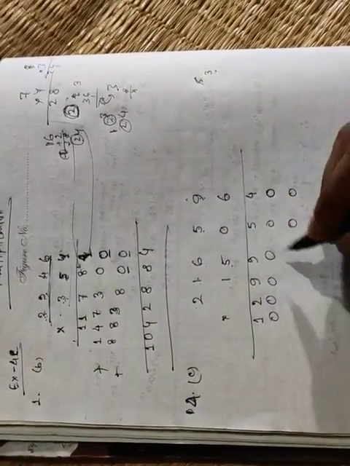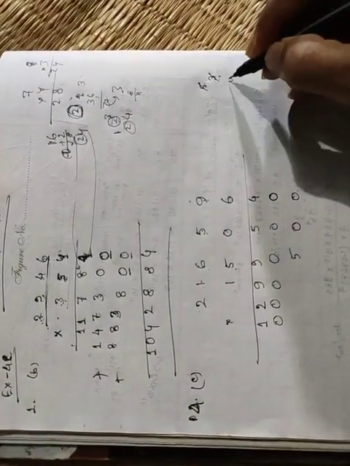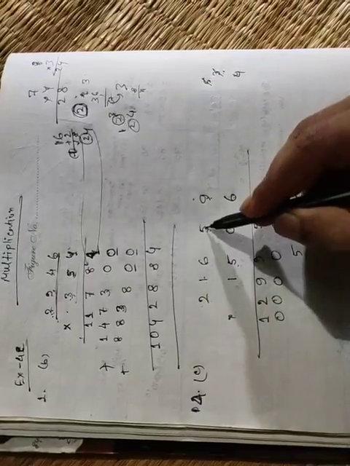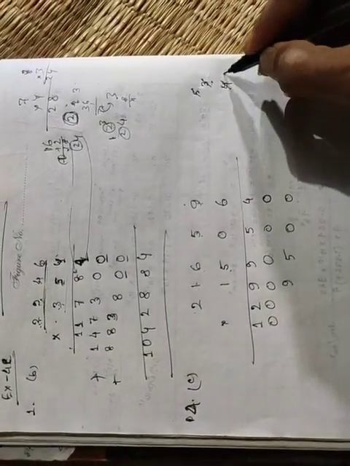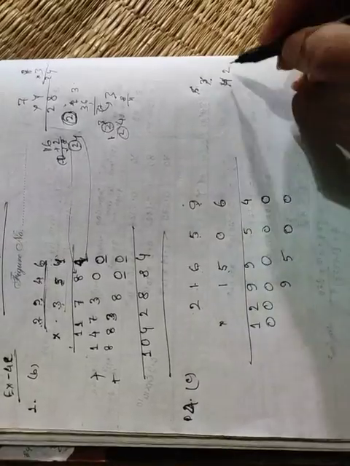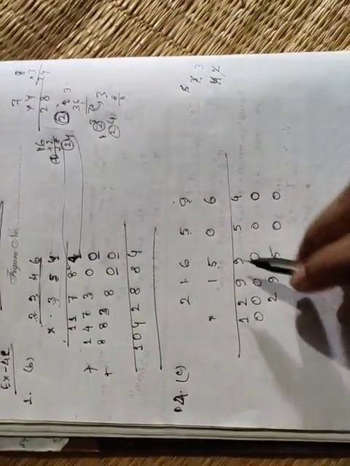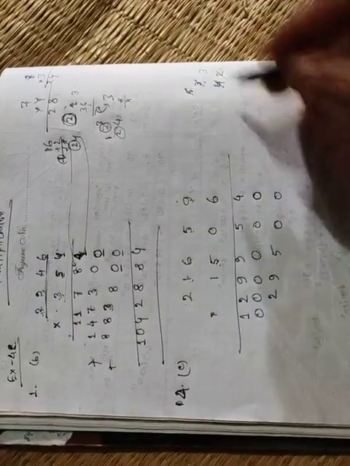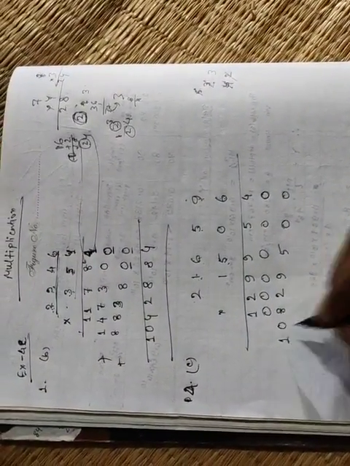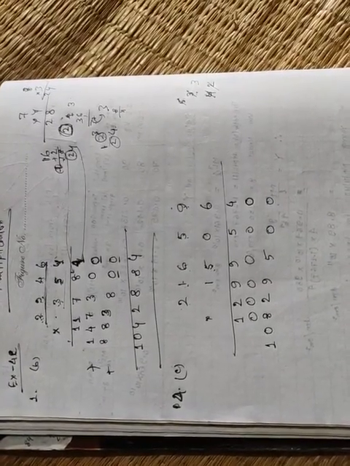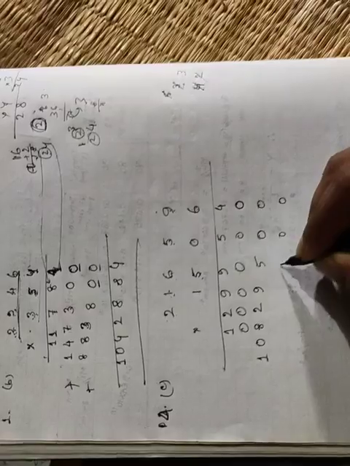Then 5 9s are 45, 5 and 4 will be carry. 5 5s are 25, 4 is 29, 9 will be placed, 2 will be carry. 5 6s are 30, 30 plus 2 is 32, 2 will be placed, 3 will be carry. 5 1s are 5, 5 plus 3 is 8, and then 5 2s are 10. Okay. In the next step I have to put 3 zeros.